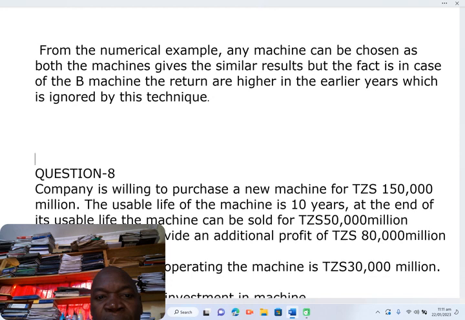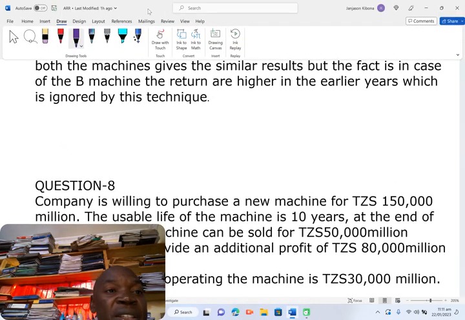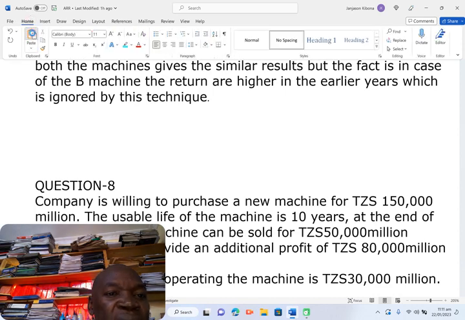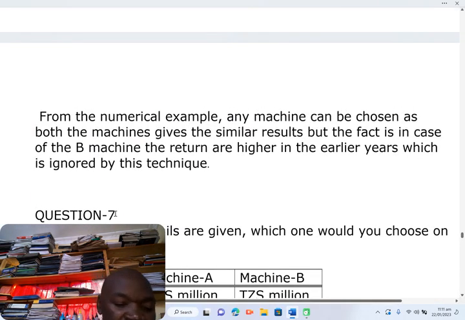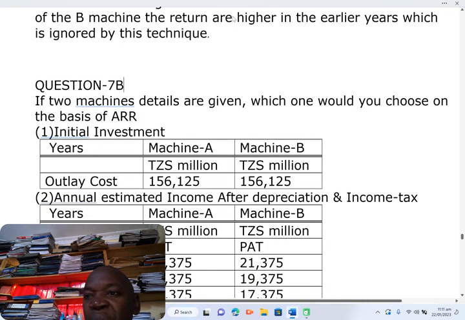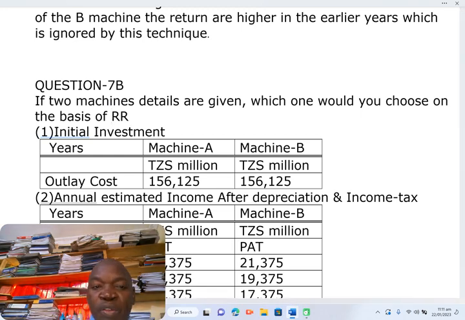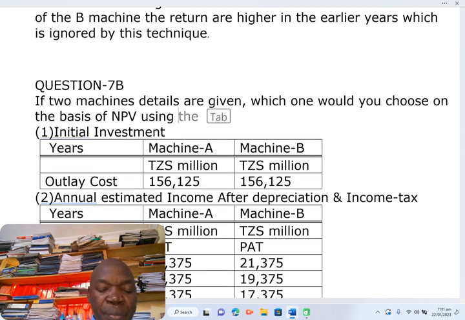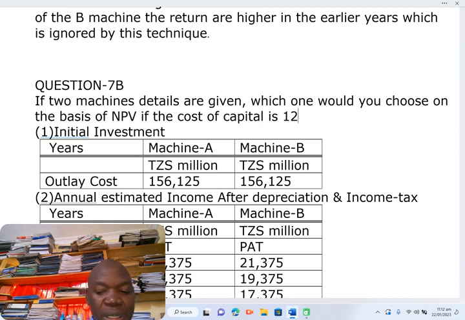Let me choose a question: in this case we have no decision using IRR, but for the same question, say 7B, if two machine details are given below, which one will we choose on the basis of NPV, if the cost of capital is 12%?